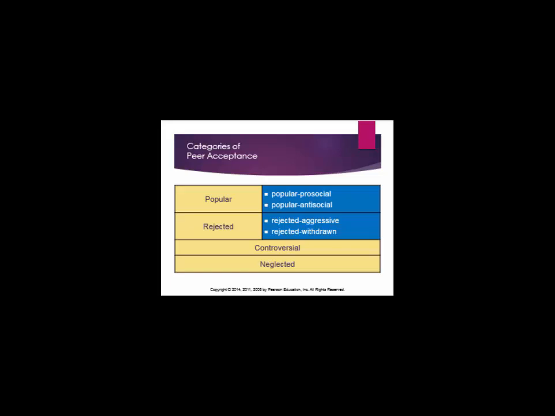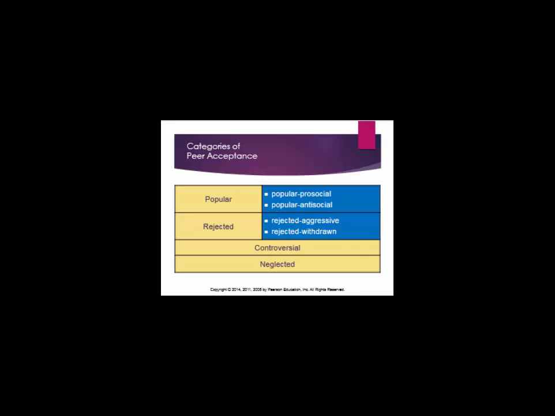Rejected children are disliked by many classmates. They're socially awkward. They can be aggressive. They're often rejected because they rely on an aggressive interpersonal style. These children are not only overly aggressive, they also might be hyperactive, socially unskilled and not able to regulate their emotions.